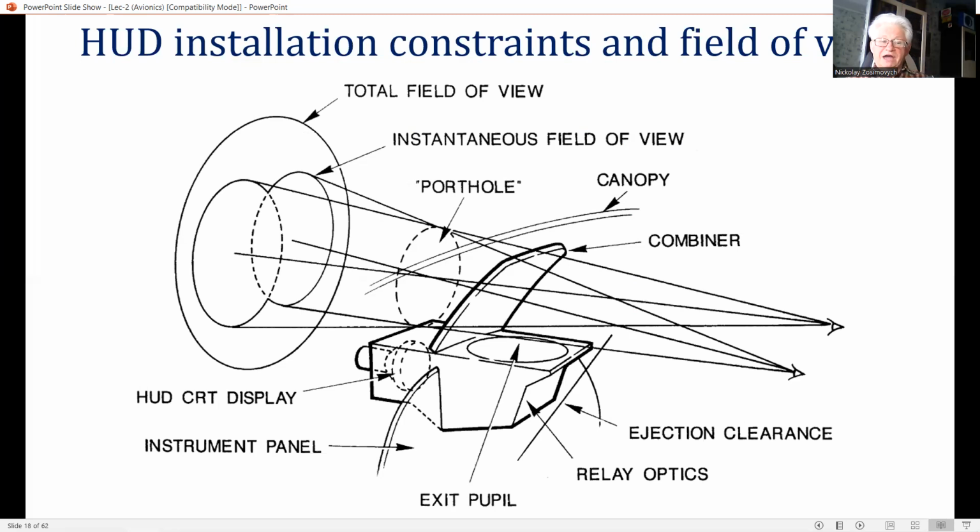For a given TFOV, the major variables are the CRT display diameter and the effective focal length of the collimating lens system. For minimum physical size and weight, a small diameter CRT and short focal length are desired.